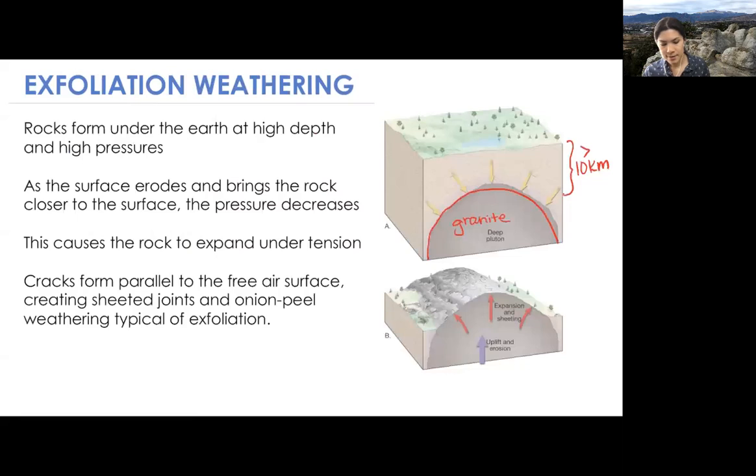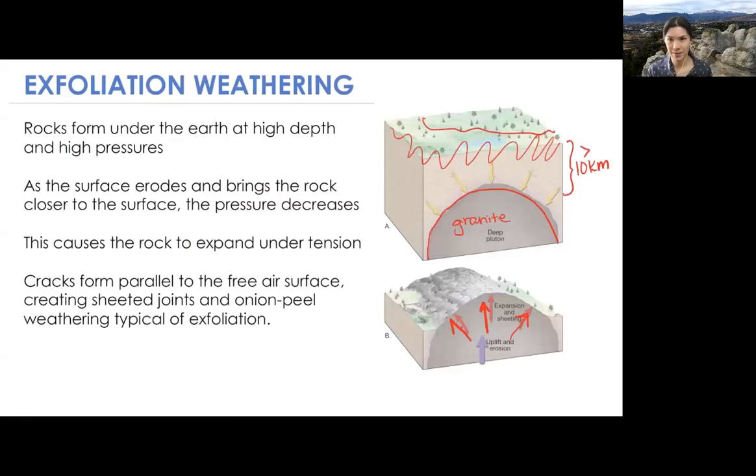However, as surface erosion occurs, so maybe a river starts to run through here and erodes away the material on the top, that starts to decrease the pressure on top of this granite, and that causes some expansion and tension within the granitic body. And so as that body experiences the drop in overburden pressure, it starts to expand outward, as you can see by the red arrows.